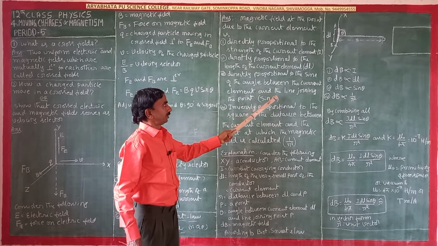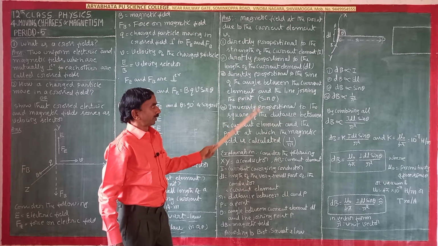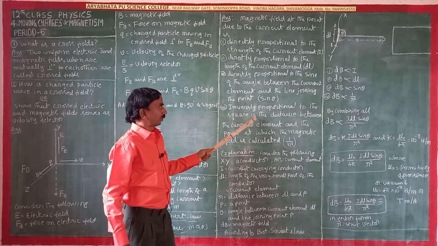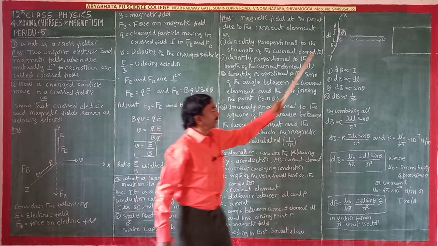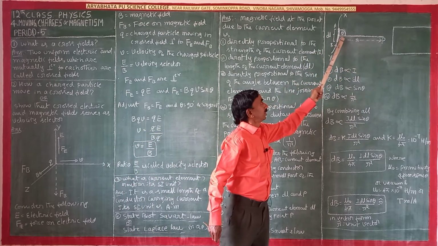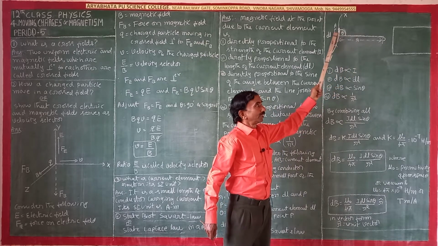It is inversely proportional to the square of the distance between them.